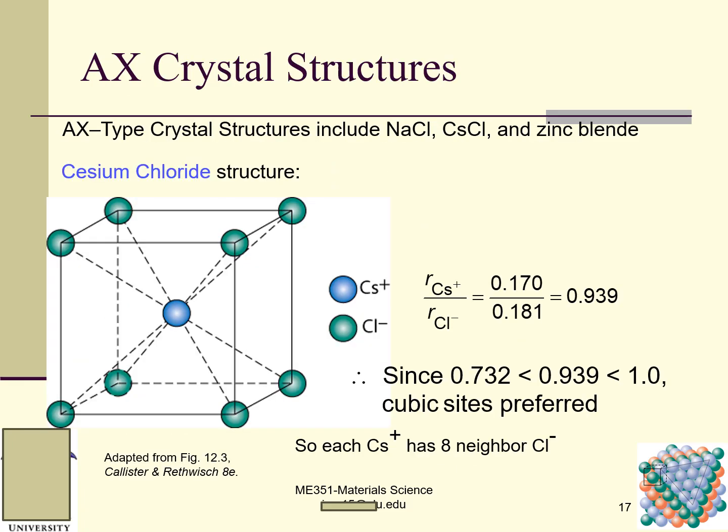AX crystal structures include sodium chloride, cesium chloride, and zinc blende. For the cesium chloride structure, we also calculate the radius ratio, and it equals this number. So for this one, the cubic site is preferred. Each of these cations has 8 chloride neighbors.